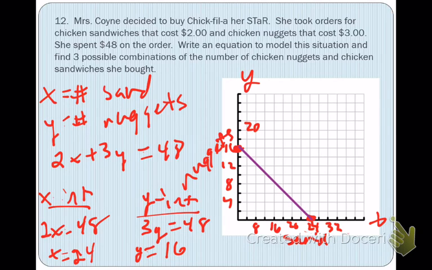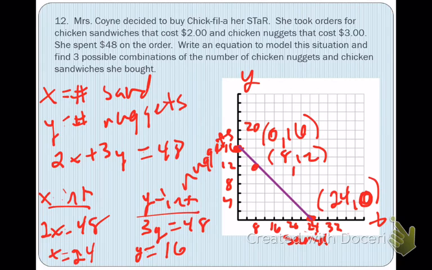And again, this is going to show you the number of combinations. So you could go 0, 16 or 24, 0 to get to your possible combinations. Those are 2 points on the line. You can also go here, which is going to be at 8, 12. Pay attention to your scaling.